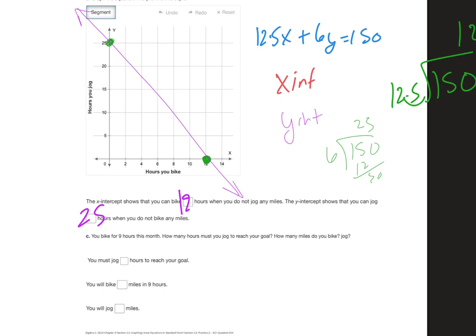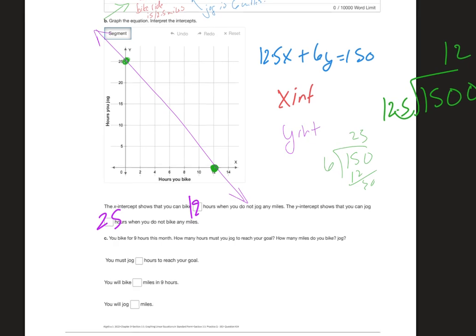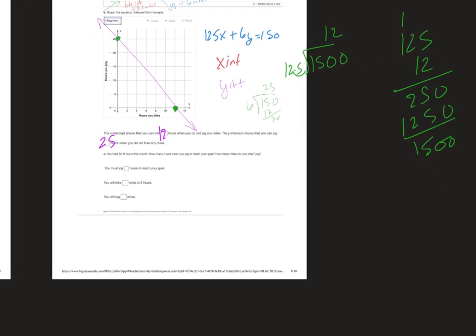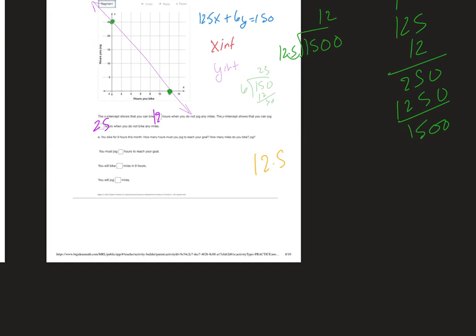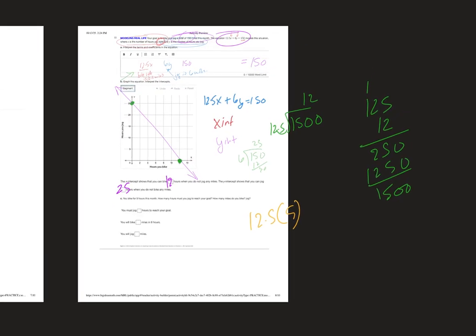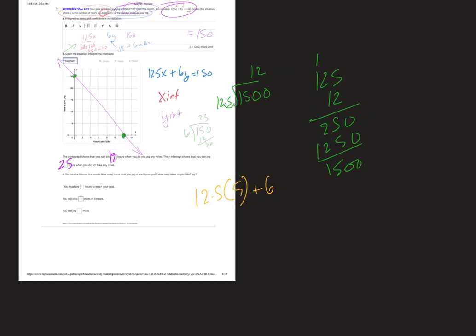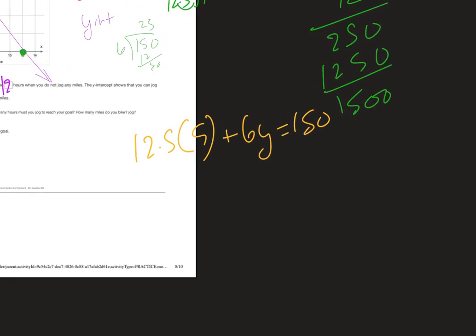If you bike for 9 hours this month, how many hours must you jog to reach your goal? So we're biking 9. That's 12.5 times 9 plus 6y equals 150. Okay. So let's see. I'm going to be doing some cheating here.